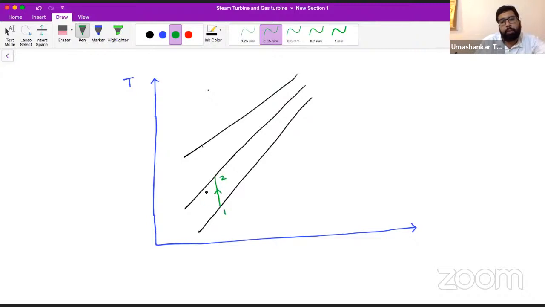So 1 to 2, compression is happening. Then 2 to 3, and as it is perfect intercooling, now you know that T3 will be equal to T1. This is the data given in the question.